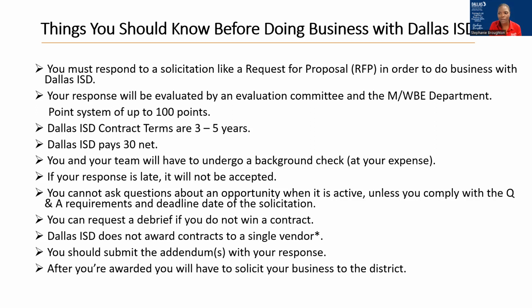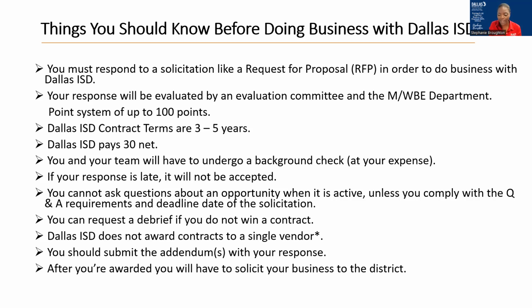So I recommend that you find out the current contracts that are out there for the services and/or products that you provide, to see when the current contract expires. Say, for instance, you provide promotional items, and you see that the promotional items RFP doesn't expire until, I'm just throwing something out there, I haven't looked at it specifically, 2027.